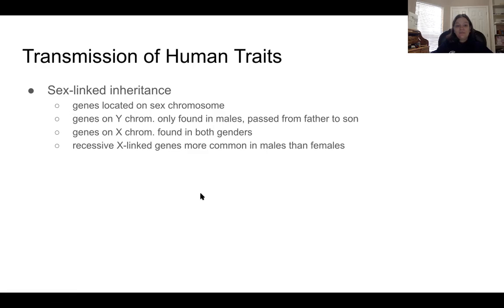If I need to, I can explain that a little bit better, but you do have access to some other videos that'll show that. But just knowing that those recessive X-linked traits are more common in males because they don't have a second X chromosome to cover up any recessive conditions on one X chromosome. So females have that second chance of having the normal condition or having the dominant condition.